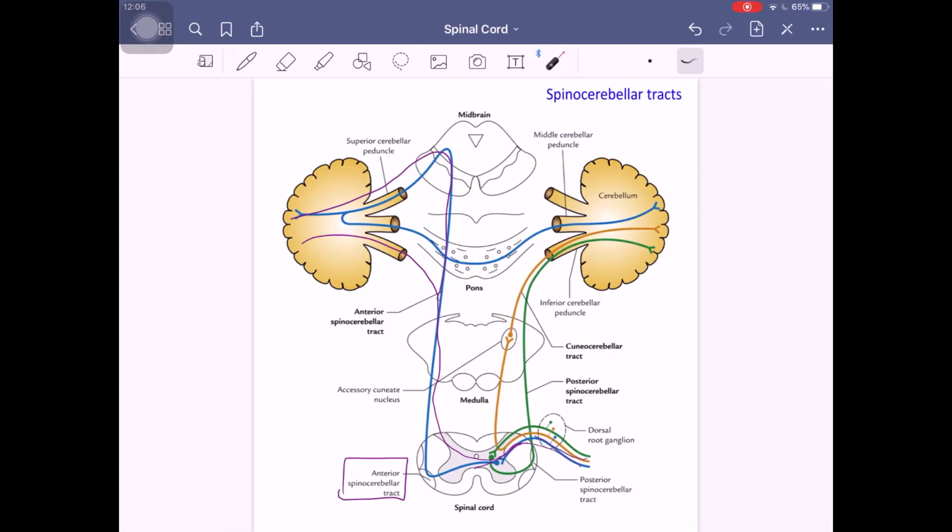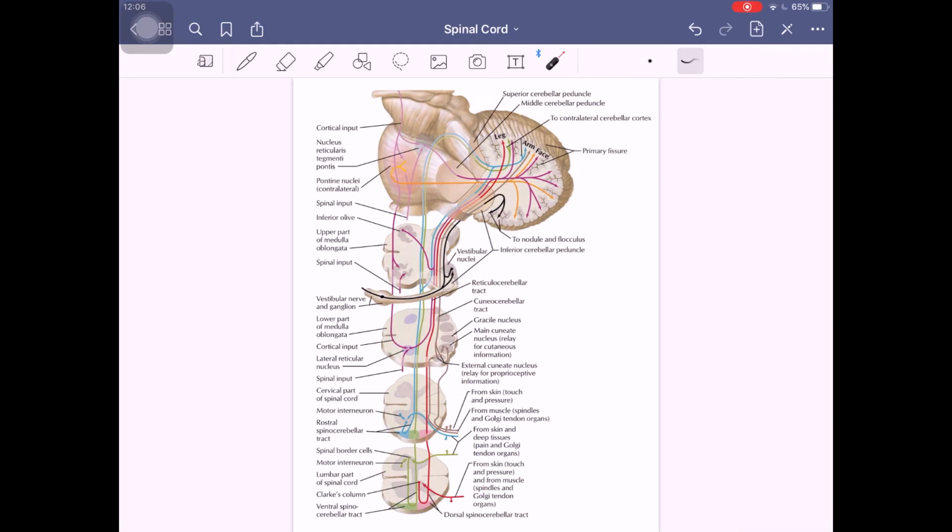Whereas your cuneo, if you see, comes all the way up, continuing into the medulla oblongata, and goes to the accessory cuneate nucleus. Then from there the second-order neuron starts, via the inferior cerebellar peduncle, and goes to the cerebellum. So where will this go? This should go to the upper limb.